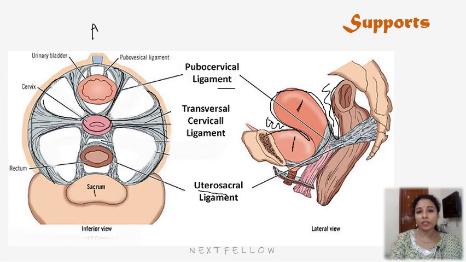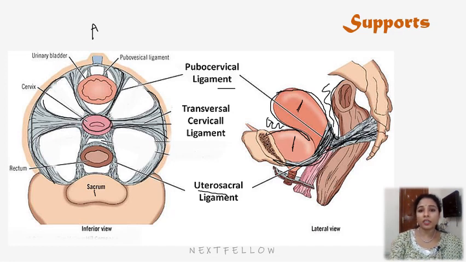And pubocervical ligaments are a pair of fibrous bands which extend from the cervix to the posterior aspect of the pubic bones. Uterosacral ligaments I have shown already. These are the uterosacral ligaments. Pubocervical ligaments are here connecting the pubis to the cervix, and this is the uterosacral ligament.